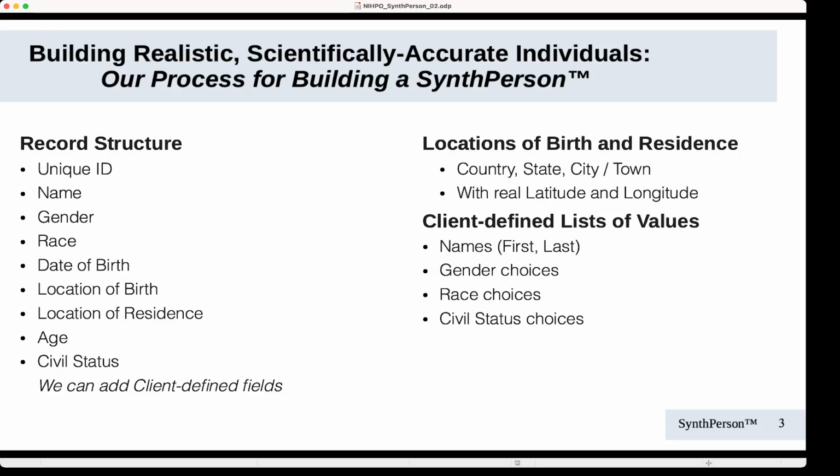I want to emphasize that all the locations that we give to these synthetic persons have a real latitude and longitude, and therefore you can put these people on the map, literally. Also, we have flexibility so that clients can give us their own specific list of values for names, for genders, for race conditions, and for other items.